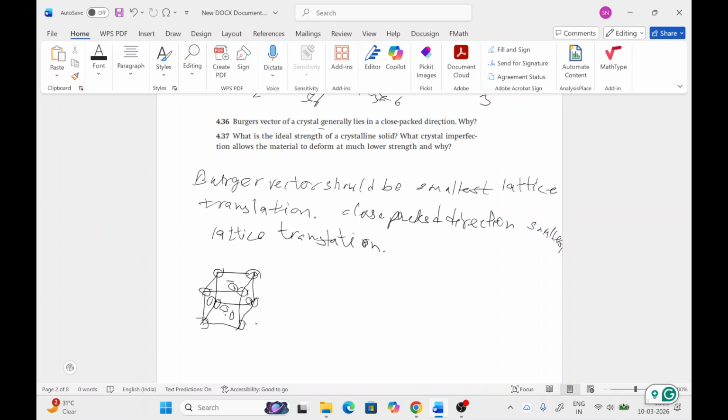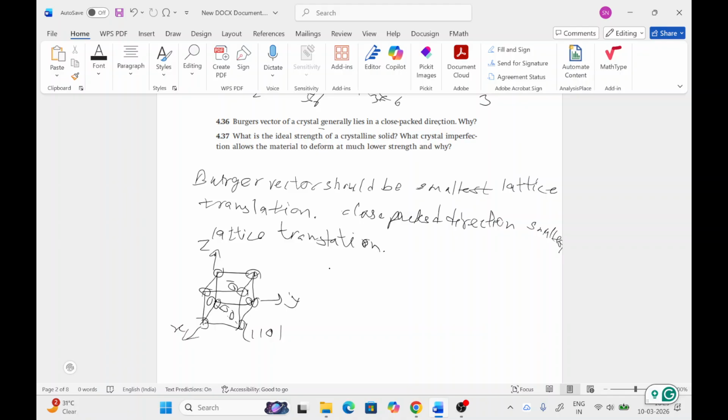If this is Z, X, and Y, the 110 direction lies on the bottom of this. So this is the 110 direction.